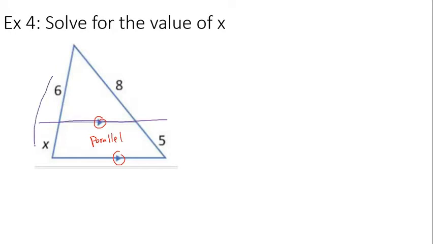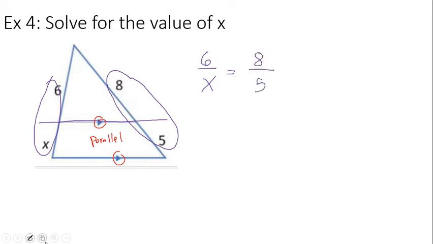So we're going to take these two, 6 over x equals, set up these two proportional sides, 8 over 5. And then we just cross multiply from here. So we cross multiply. So I take these two.